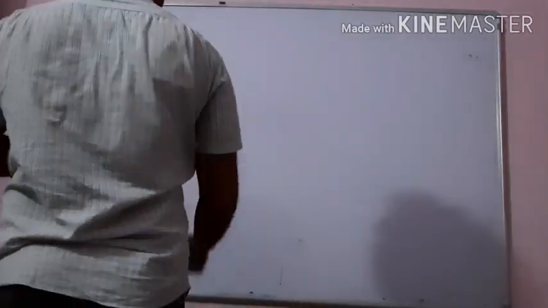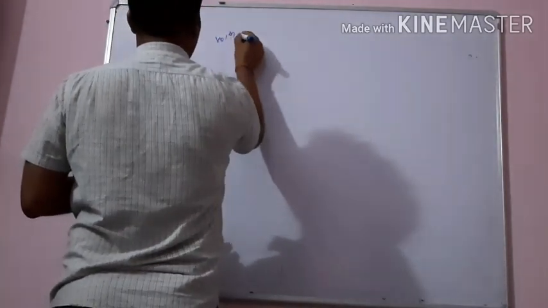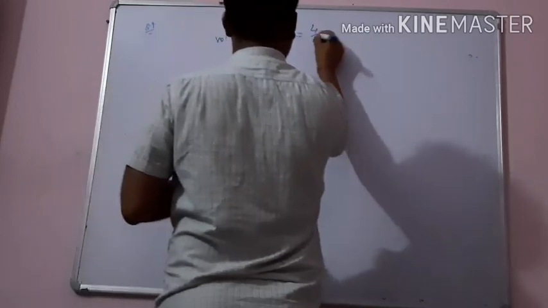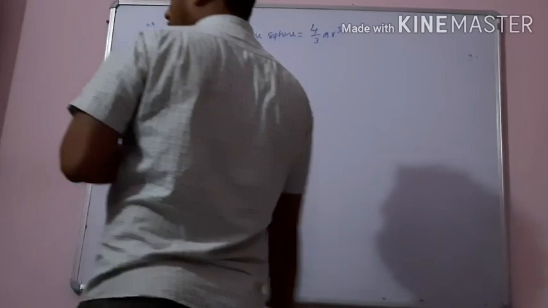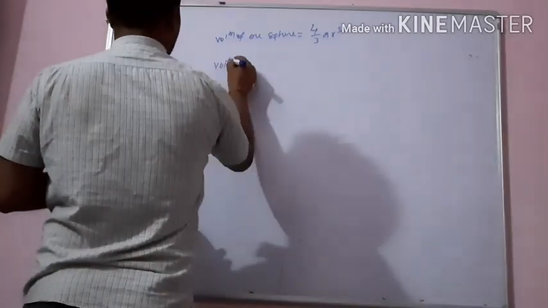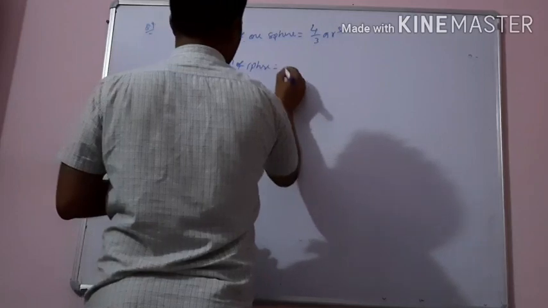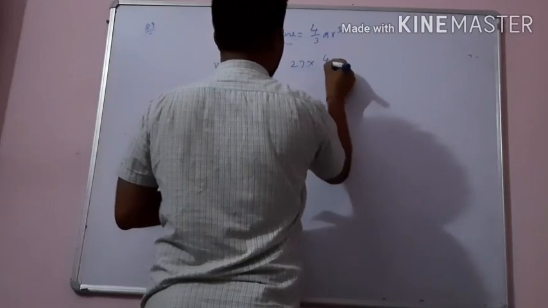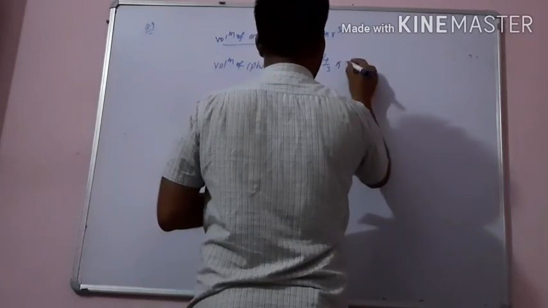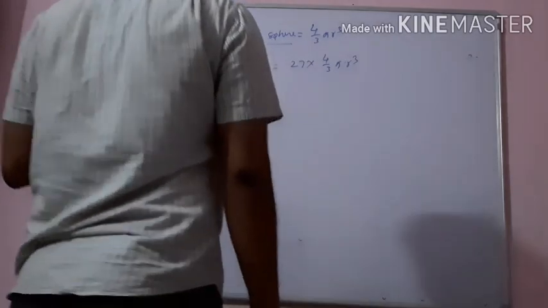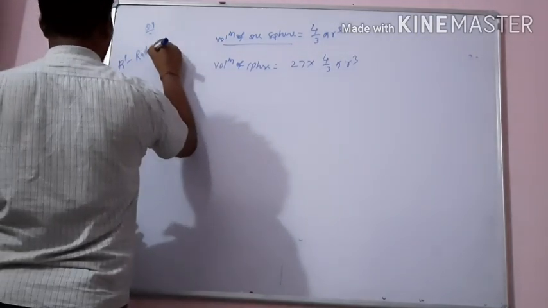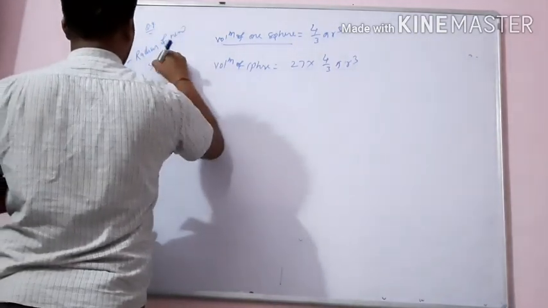See, in question number 9, the initial radius is r. So the volume of one sphere will be 4 upon 3 pi r cube. The volume of the new sphere will be 27 multiplied by the volume of one sphere, that is 4 upon 3 pi r cube. Let us consider r dash as the radius of the new sphere.